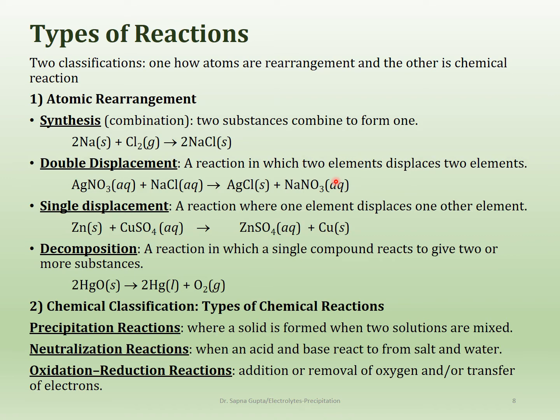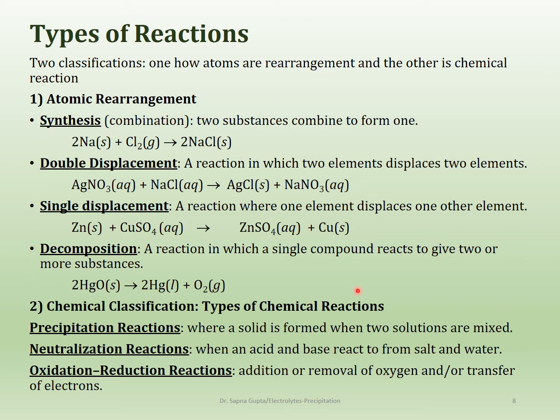Then we talked about a single displacement, in which case one element would displace the other one, and so you would still have the same number of chemicals on either side. And then decomposition, in which you start with one compound and you end up with two products in the end. That's decomposition. It's the opposite of synthesis. This is what you did in the previous chapter.